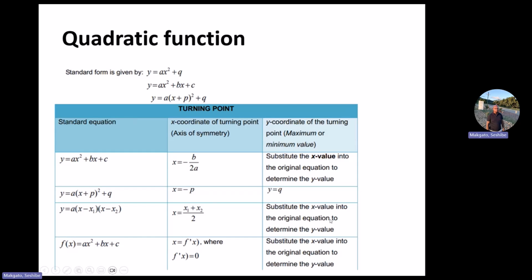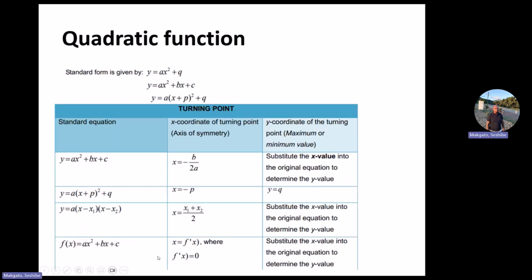And then for you to determine your y in this instance, you have to substitute your x values on that equation. Once the x is substituted, you will be able to find how much your y will be.